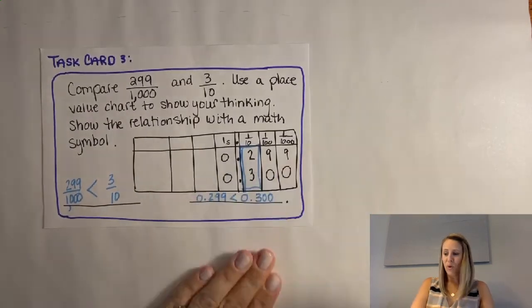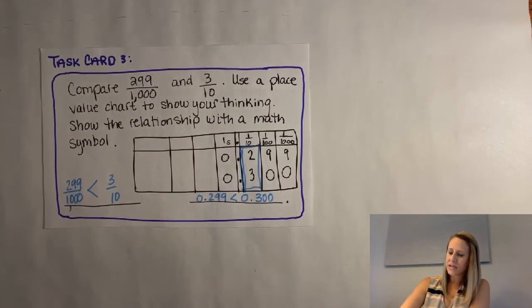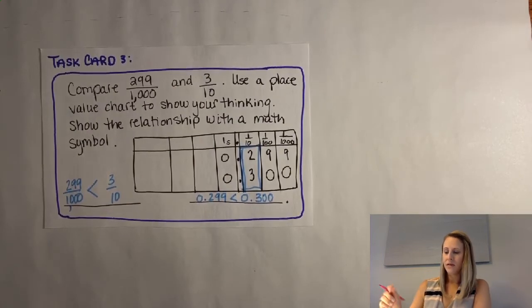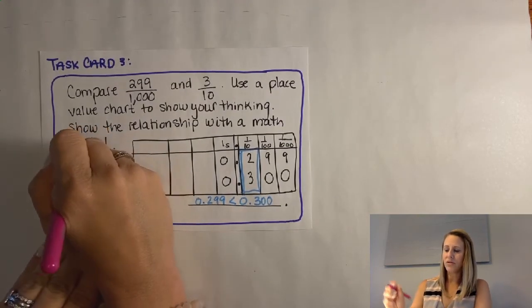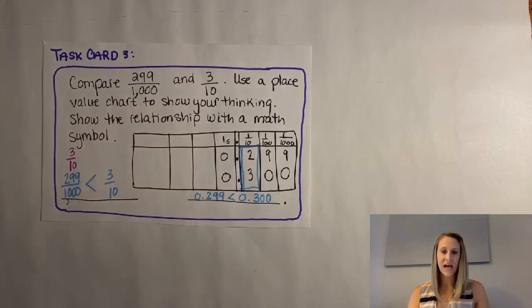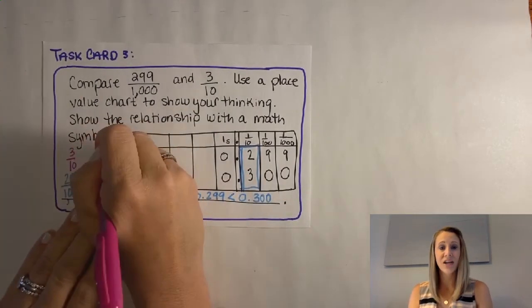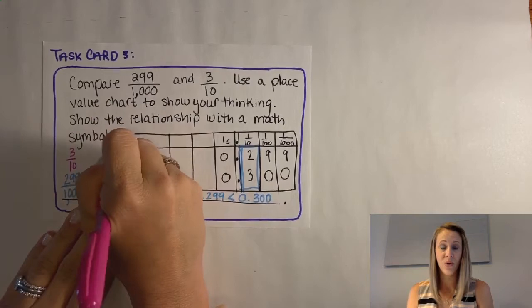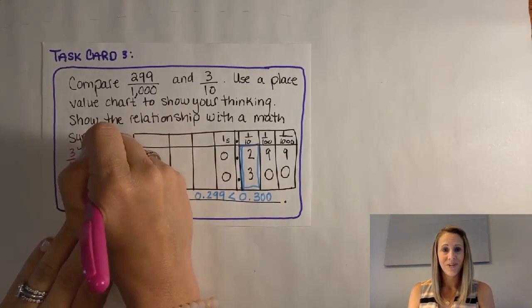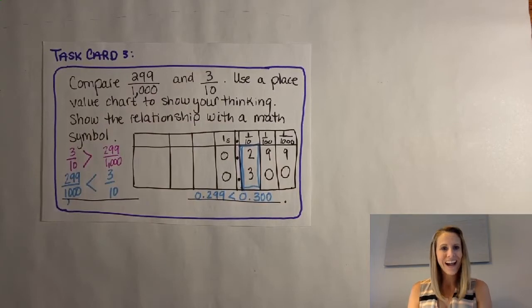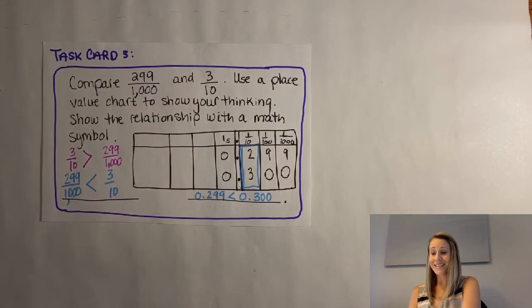So for example, I could say 3/10 compared to 299 thousandths, 3/10 would be greater than 299 thousandths. So I could use the greater than symbol to write my math expression. Okay? All right, good job. We have one task to go.